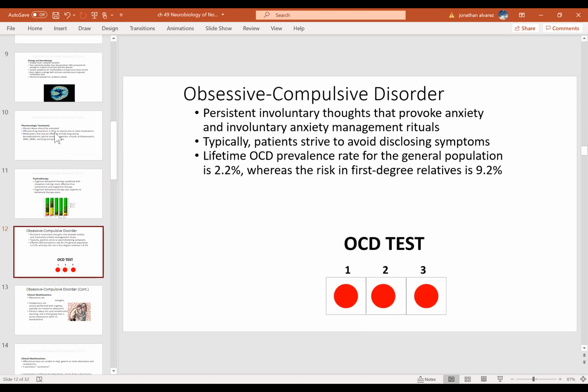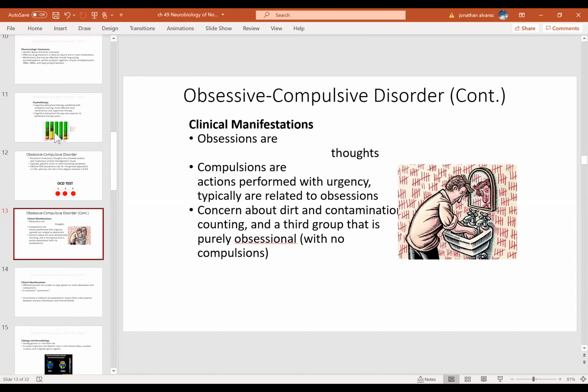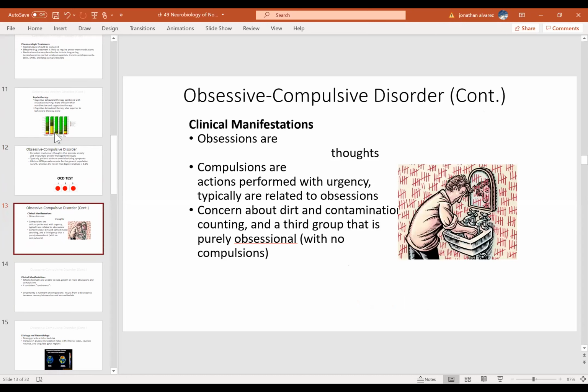Okay, obsessive compulsive disorder, persistent involuntary thoughts that provoke anxiety. Okay, commonly referred to as OCD. And there's different obsessions, excessive washing of hands, excessive cleanliness in the house or wherever in the place of business.